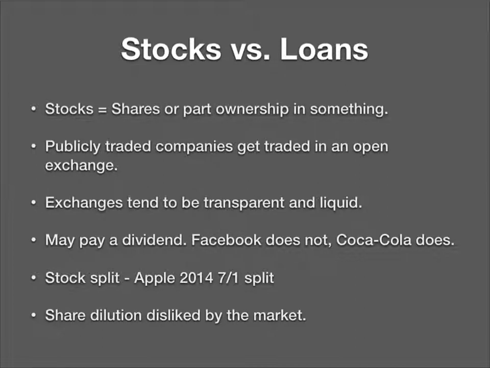A company like Coca-Cola or ExxonMobil probably will pay a dividend, excuse me. The reason they're going to pay a dividend is because of the fact that they don't have a lot of room for growth. Their stock price probably isn't going to fluctuate too much.